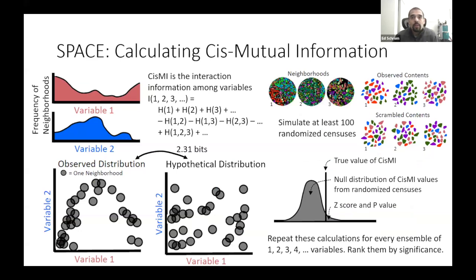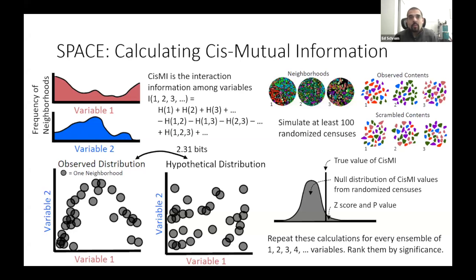So for example, for cell types 1 and 2, cis-MI quantifies the structure of those variables' joint distribution that's not already explained by their individual abundance distributions. This calculation is repeated on randomized censuses, which are generated by scrambling the contents of the individual neighborhoods to generate a null distribution of cis-MI against which we can compare the true score and assess significance.